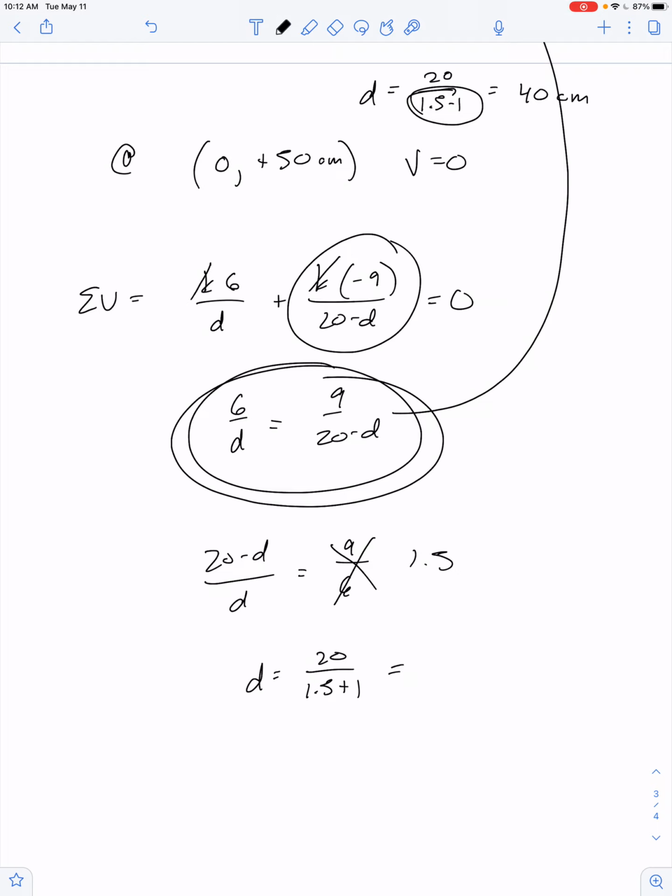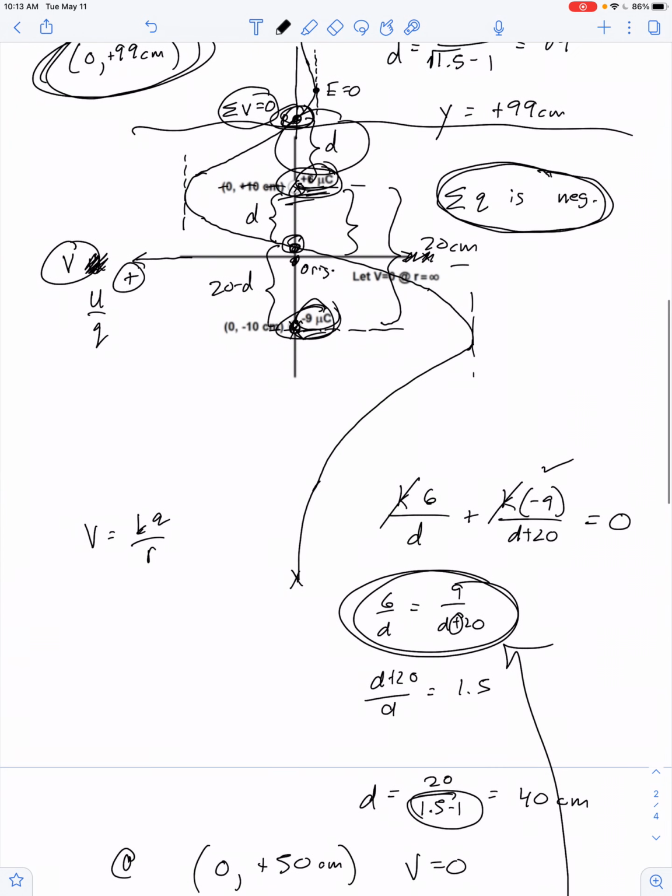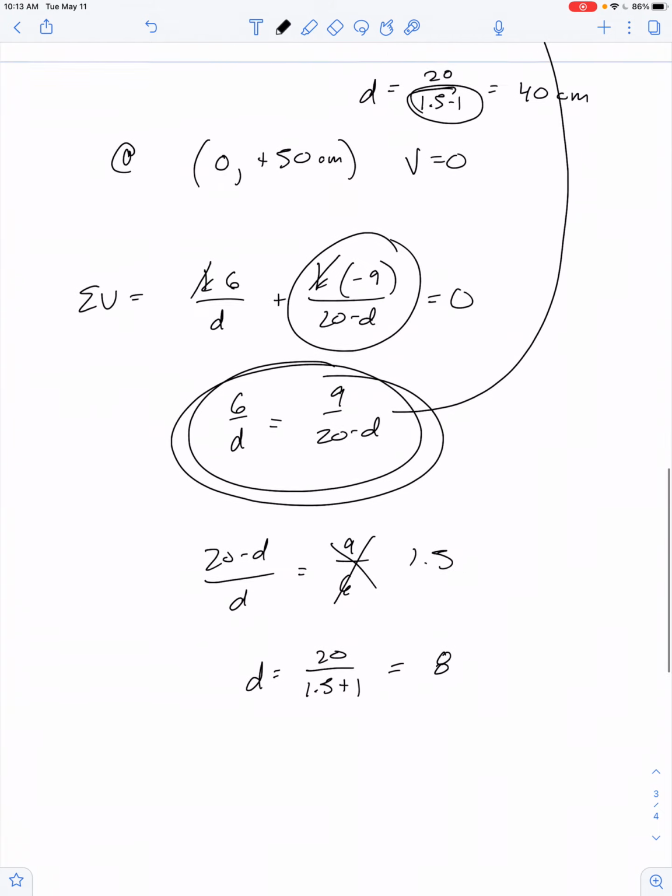So in this case, we get d is equal to 20 divided by 2.5. Yeah, 8, right? But that's the distance from the positive 6 microcoulomb charge, where we want the distance from the origin, so that must be 2 centimeters. So there it is.